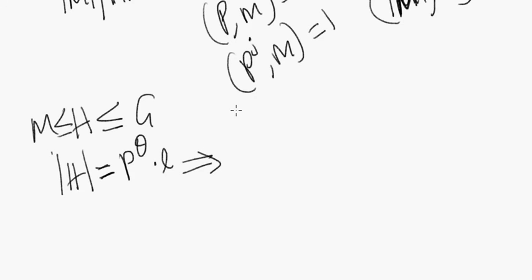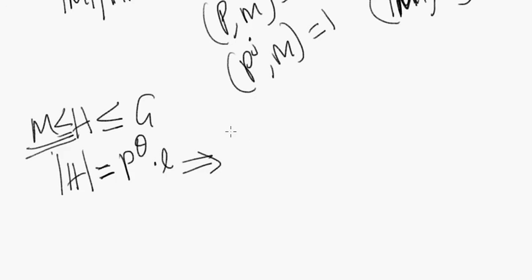And we said, look, if there exists some subgroup M of H such that the order of M is relatively prime to L, then we found a subgroup of G whose order is relatively prime to little m, but we said that can't happen.